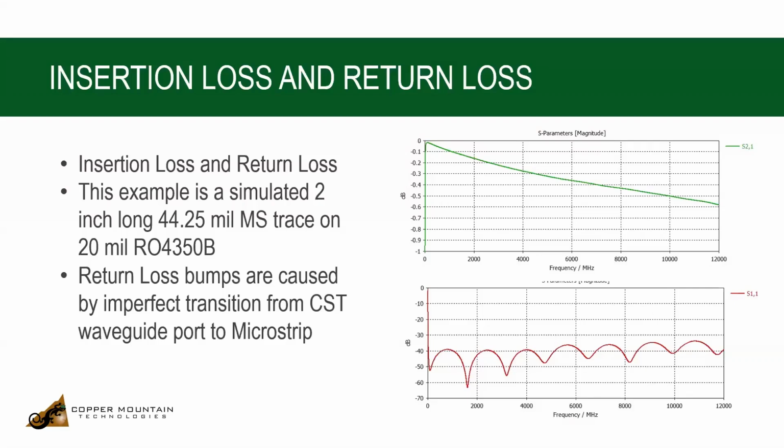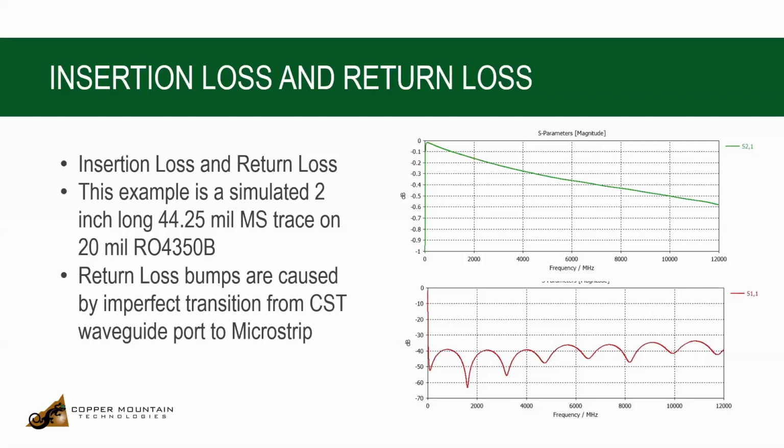Then the signal traverses the 2-inch long trace, sees port 2, and there is another reflection as the wave encounters the characteristic impedance change from the trace to the port. And so there's a second reflection from port 2, which goes back to port 1. Those two signals add together and create an interference, both adding and subtracting at different frequencies, as you see here.